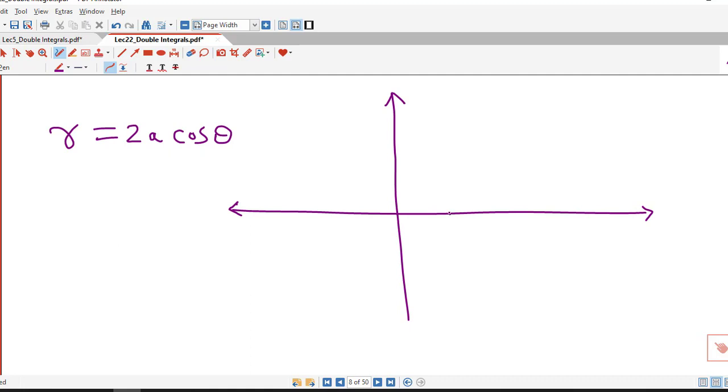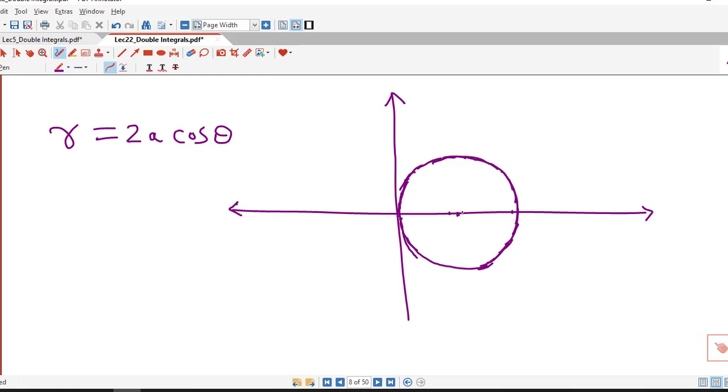So if this distance is a, this is going to be 2a. So we can roughly sketch this circle. It will pass through the origin, and it will intersect at only one point. Whenever we have this curve, if we remember it, we can directly sketch the curve. So this is the circle.